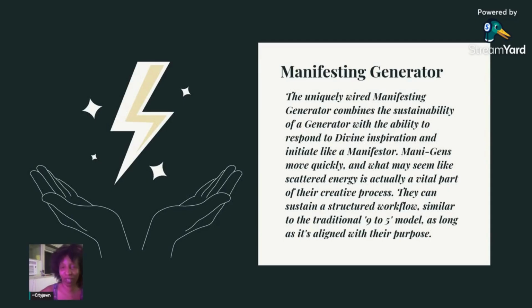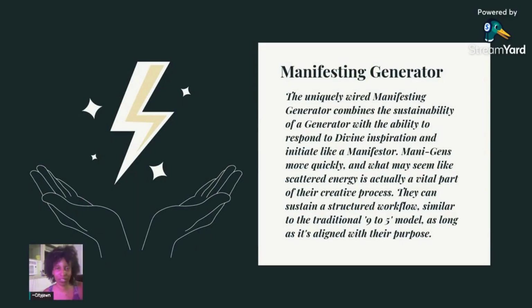So manifesting generators move quickly. They move faster than any type, which is sometimes misunderstood, and it seems like they could be scattered or just be doing a lot or doing too much. But that's an important part of their process, because they have a lot of energy as a generator.